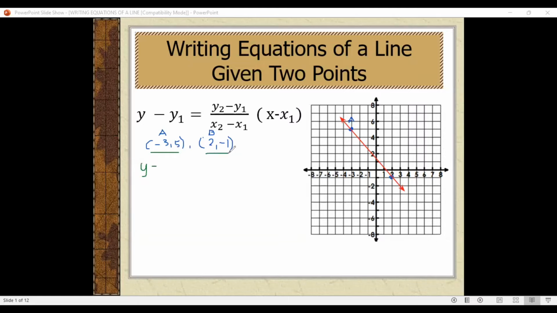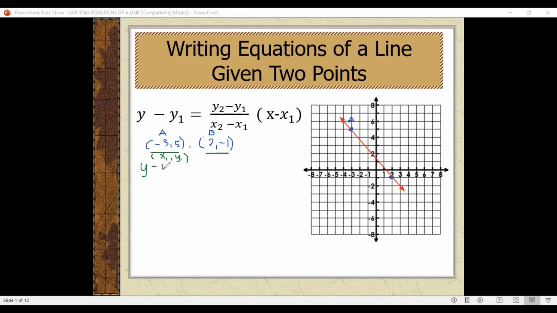Anyway, that will not change the result that we are expecting to get. So when we decide that this will be the x sub 1, y sub 1, those are the terms that you have to write. Instead of writing y sub 1, we are going to substitute the value of y sub 1, which is equal to 5.